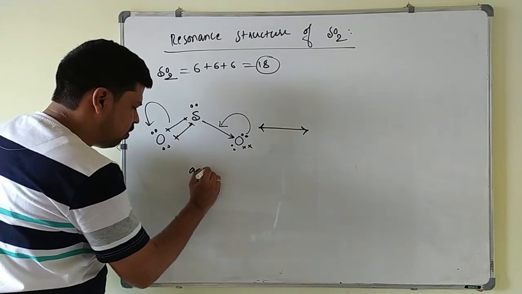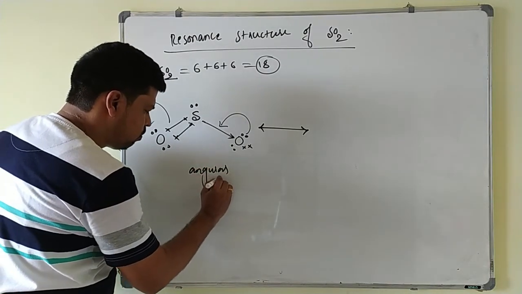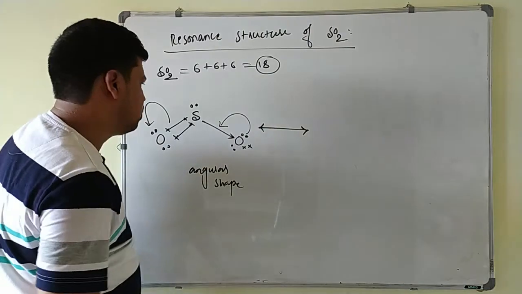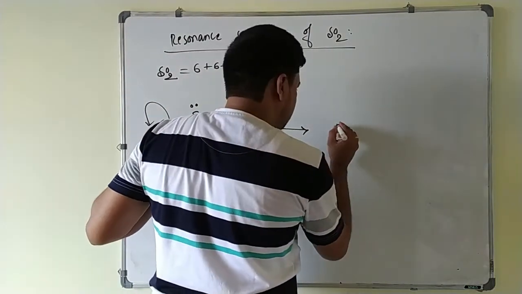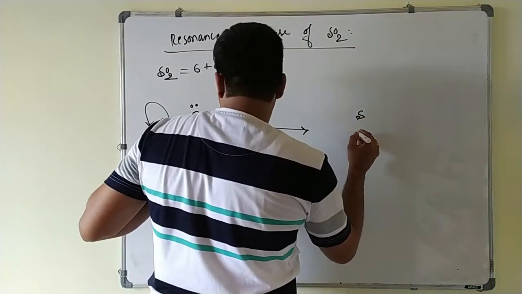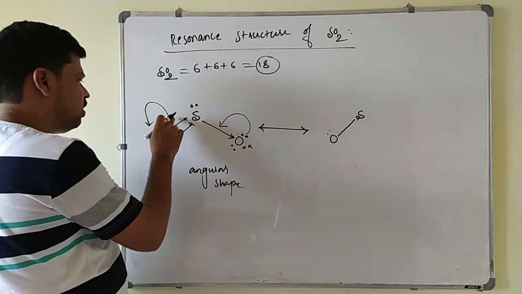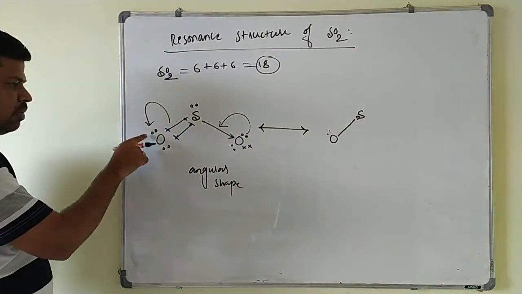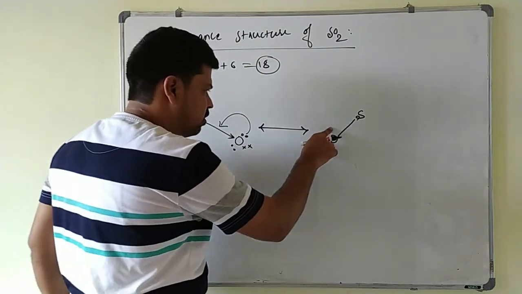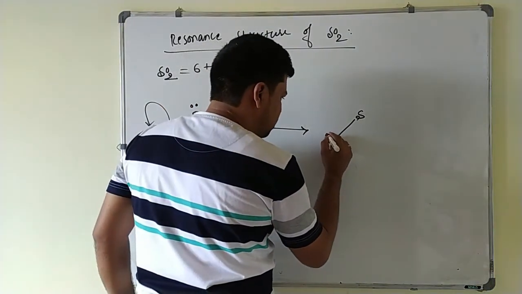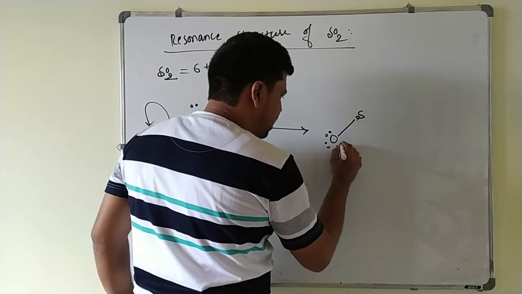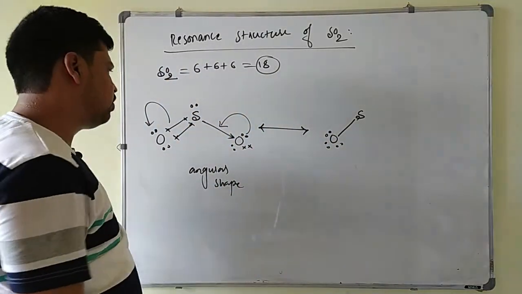First it has an angular shape. In this one, you can write it as a single bonded oxygen. Here these 2 bond pair electrons come to the oxygen, which means you will get a total of 6 electrons on this oxygen. So you have to write 6 electrons on the oxygen which is single bonded to the sulfur.